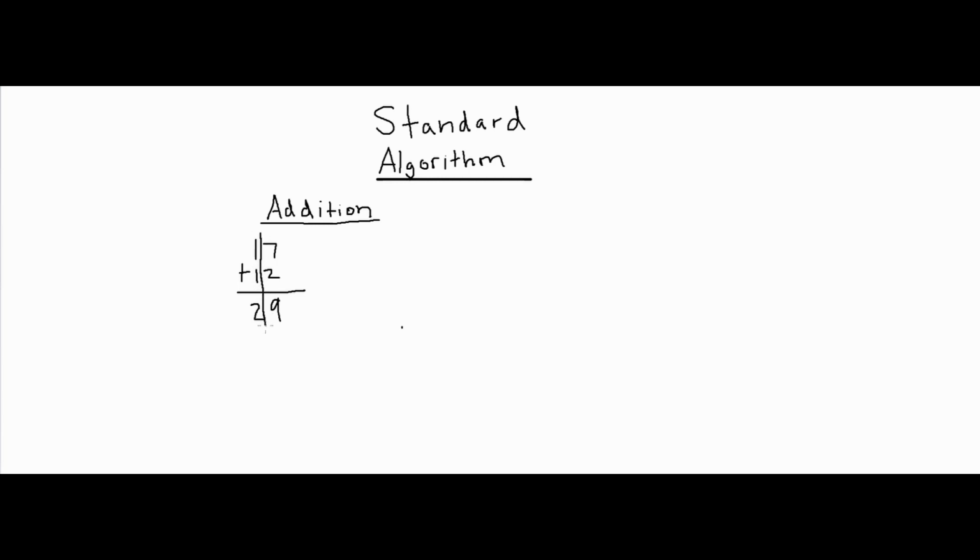To make it less confusing, I'll draw a line between the two so it's a bit clearer. But basically, we added this column right here, and we got 9. Then you go to the column on the left, and we add the numbers there, and we got 2.